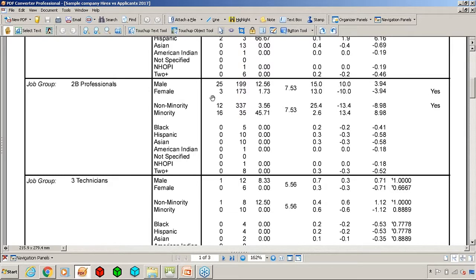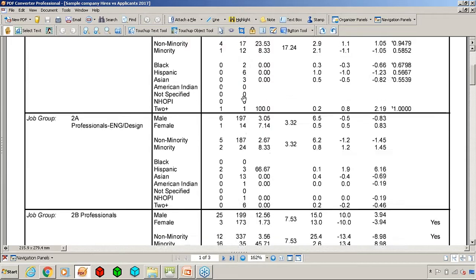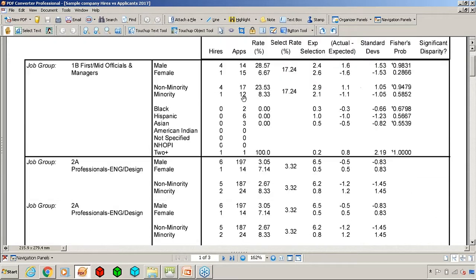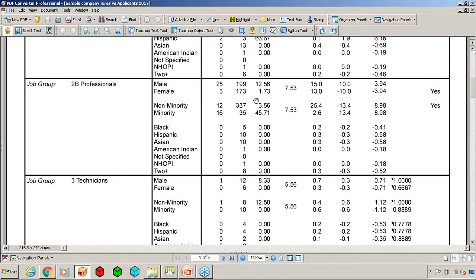discrimination. We see that in this particular case, remember it's hires versus offers, there were 199 male applicants, 25 were hired at a 12% rate of selection. We had 173 female applicants, 3 were hired at a selection rate of 1.73.